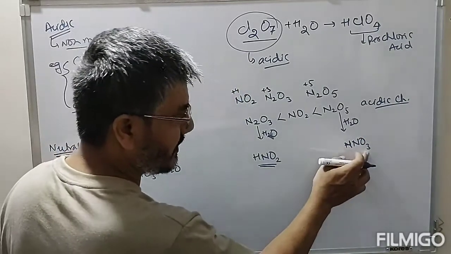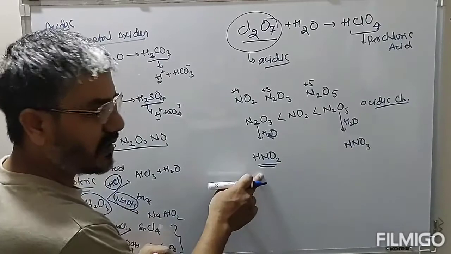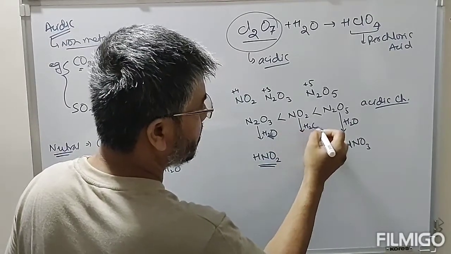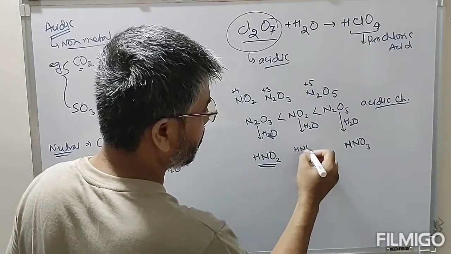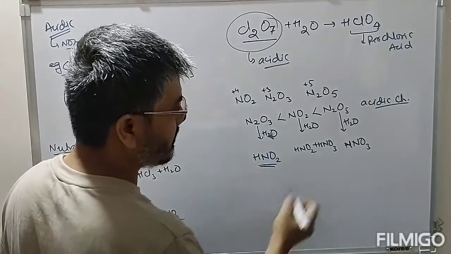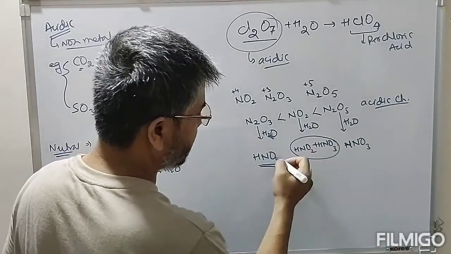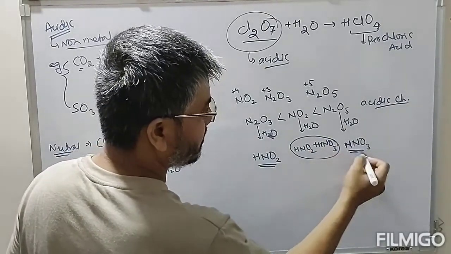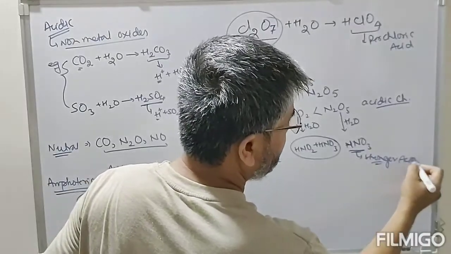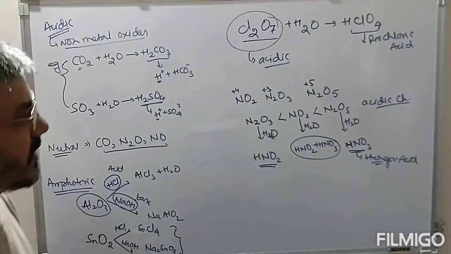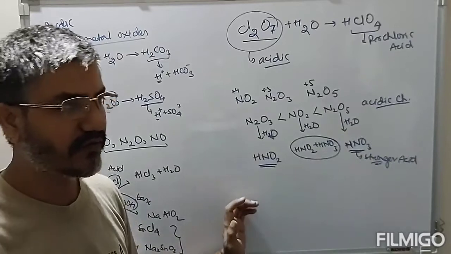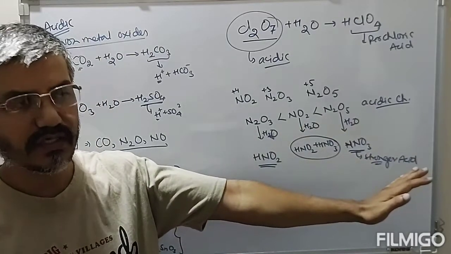So nitric acid is a stronger acid than nitrous acid. NO2 when dissolved in water gives you a mixture of nitrous and nitric acid. So while considering the acidic character, nitric acid is a stronger acid than nitrous acid. So that means for a particular element, if the number of oxygen increases in the oxide, the acidic character of the oxide also increases.